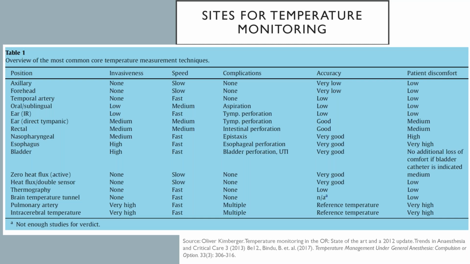It becomes a Rorschach test of temperature, and all you want to do is see a number that looks right. I don't know that that's the appropriate way to go with managing these sorts of things if the intent is to actually get the patient to a solid, good core temperature to maximize the benefits of that.